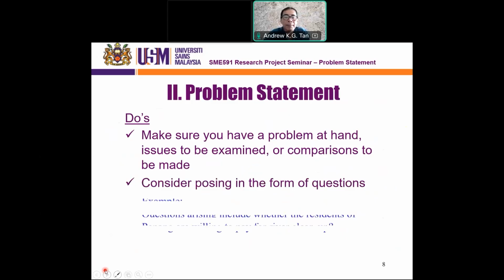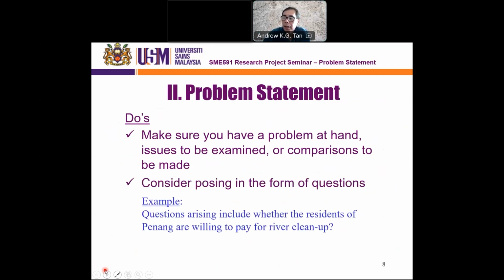For example, questions arising include whether the residents of Penang are willing to pay for river cleanup. Okay, pose your problem statement in the form of questions like this, such as mentioned here. Right? Questions arising include whether the residents of Penang are willing to pay for river cleanup.